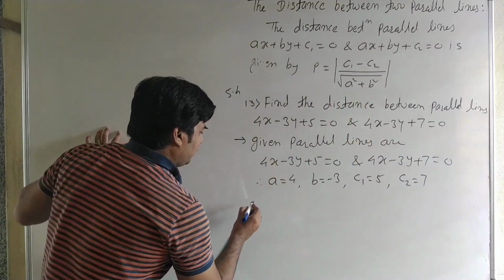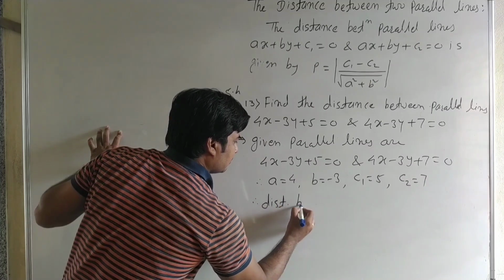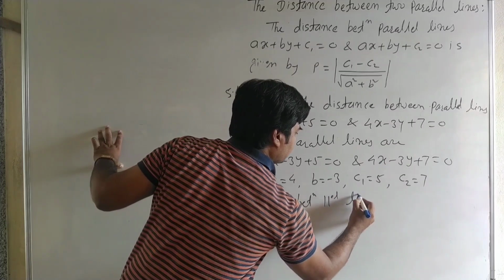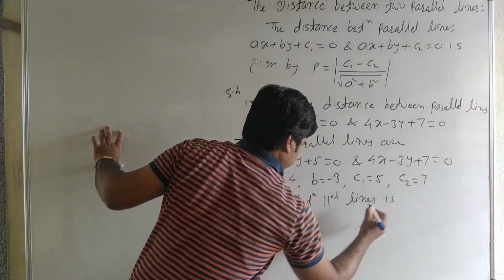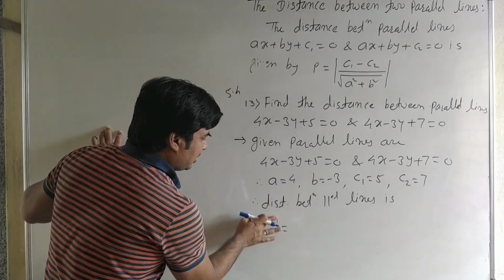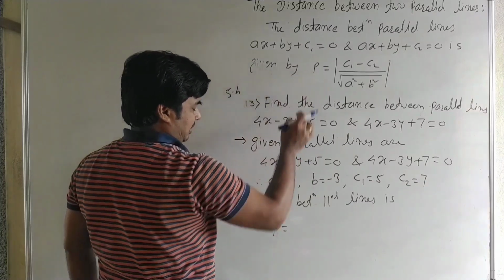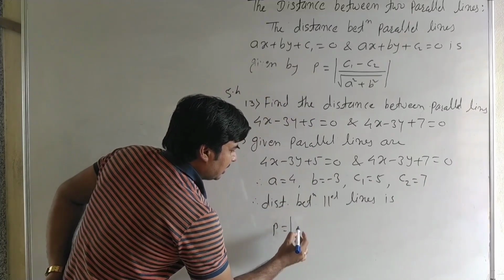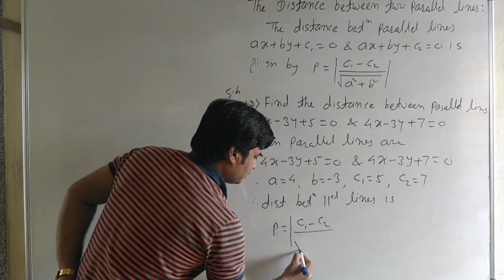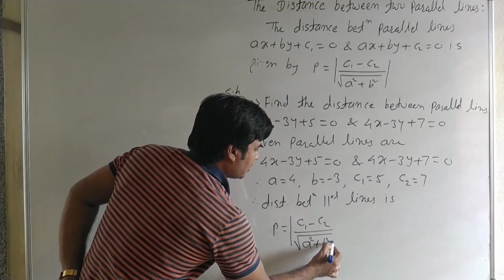Now the distance between parallel lines, with the notation p, is p equal to modulus of c1 minus c2 upon under root of a square plus b square.